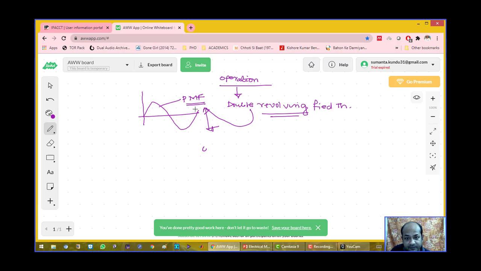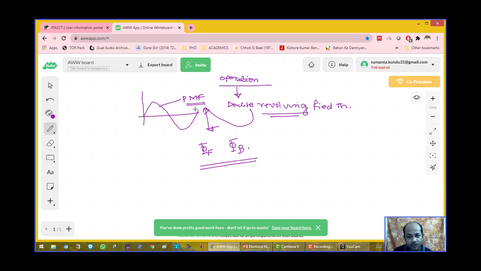One is called forward field and one is called backward field. So this pulsating magnetic field produced inside the stator of a single phase induction motor is a combination of these two fields. One is forward field and another one is backward field.